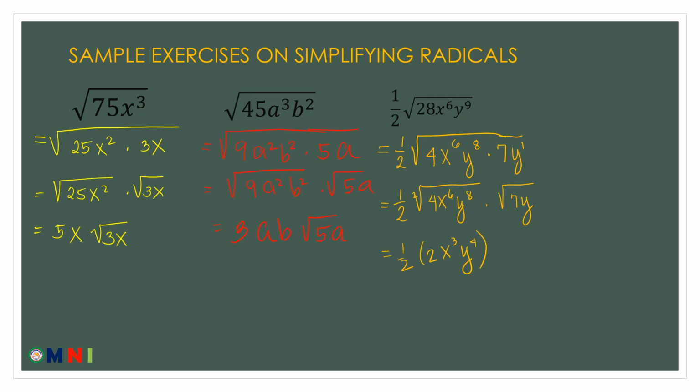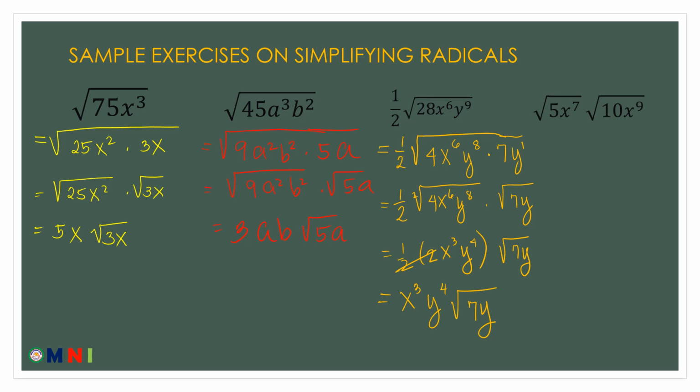So we have here the perfect square factor of this one, and this is the square root of this. And then the other is just simply copy. And of course, to simplify, you can cancel that. Therefore, our final simplified form of 1/2 square root of 28x to the power of 6, y to the power of 9 is x cubed, y to the power of 4 times the square root of 7y.